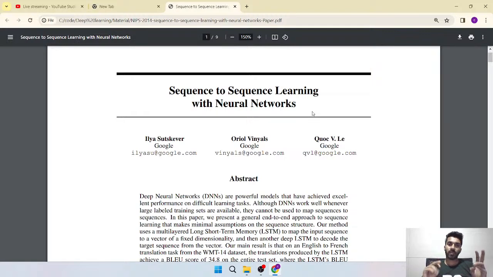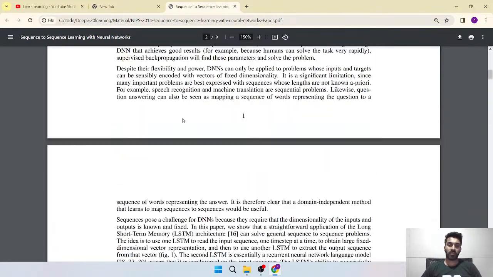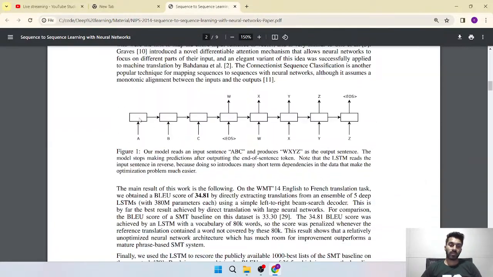So the researchers came to this model, where this is the encoder part, A, B, C, and this is also the end of the string. By applying all of these, we get our W vector.